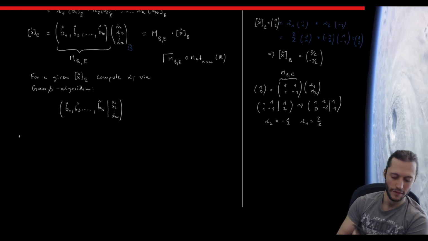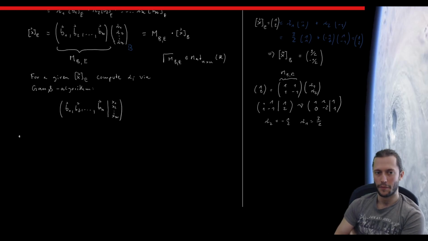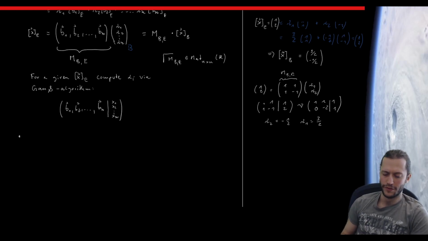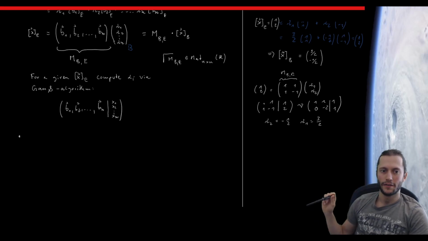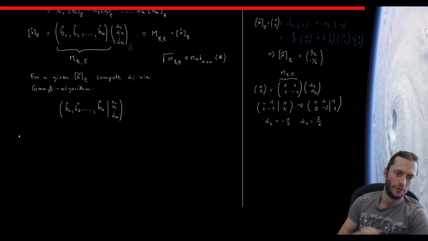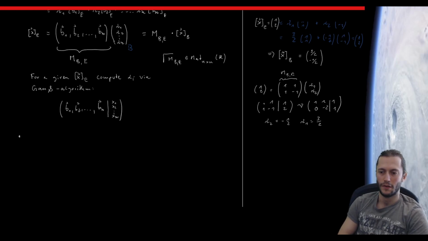But maybe you want to have something more powerful. This is not enough. You do not want to solve this for every vector x via Gauss. Maybe you want to have a map, meaning a matrix, which you can multiply on x so that you get the new coordinates right away. That would be much easier, right?